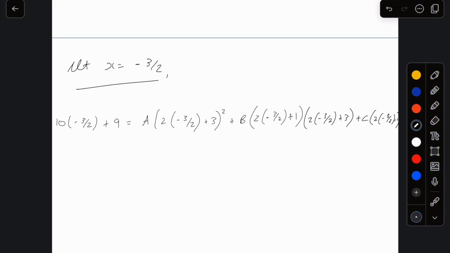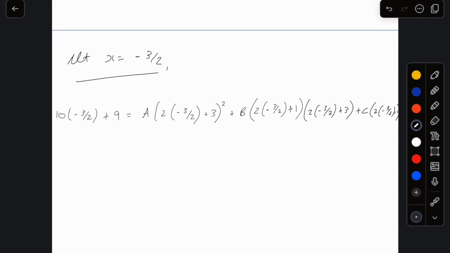Here's what that gives you: negative 15 plus 9 equals A times 0 plus B times 0 plus C times negative 2. Which gives me negative 6 is equal to negative 2C, which means that C is equal to 3.